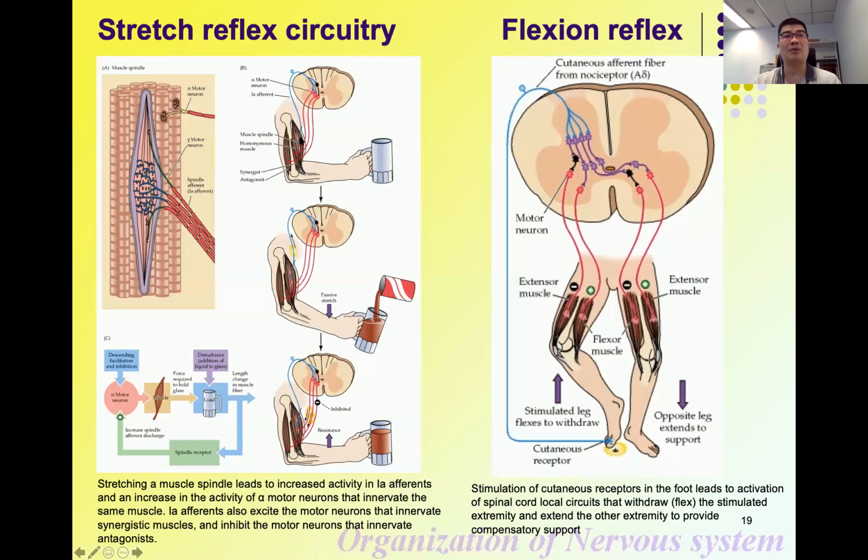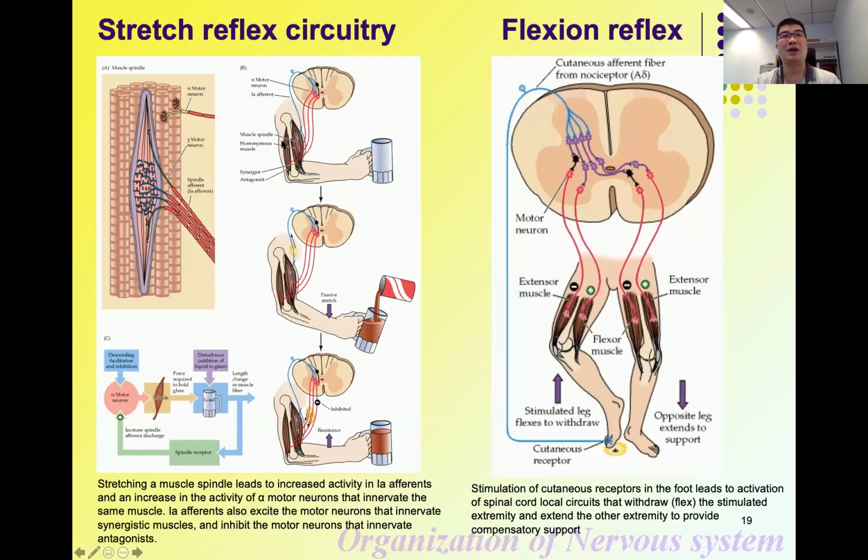So this is the reflex. How does it happen? There's a sensor at the muscle. If it senses that it is being stretched, it will pass the information to the spinal cord, and then activate the muscle to contract. At the same time, that will inhibit this muscle so that it will not contract, it will relax.